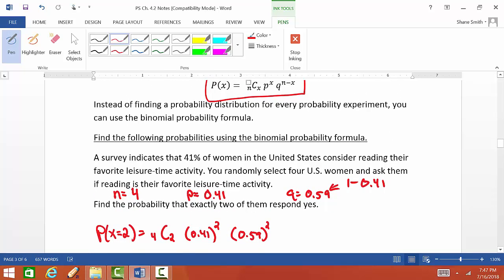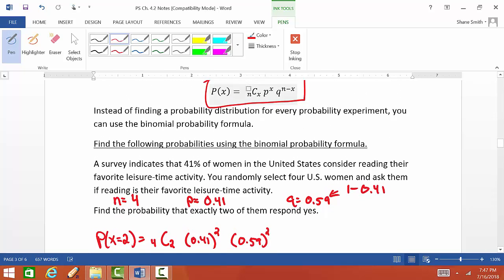This is the number of trials, which is 4. We chose 2. Our probability of success, P, is 0.41 to the how many successes, and then our probability of failure, Q, 0.59 to what's left over. That's n minus x, which is 4 minus 2.